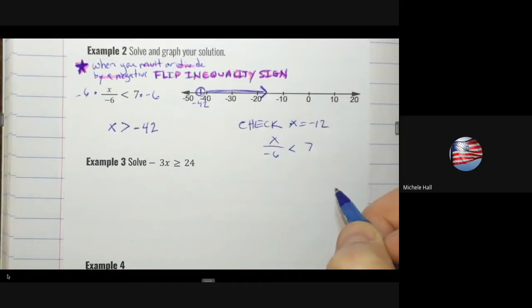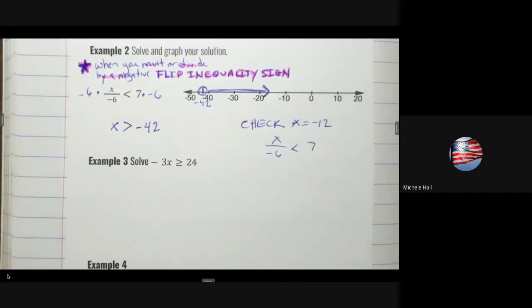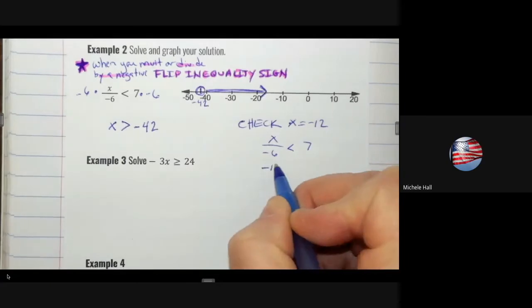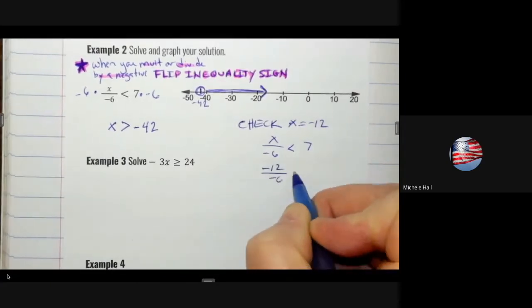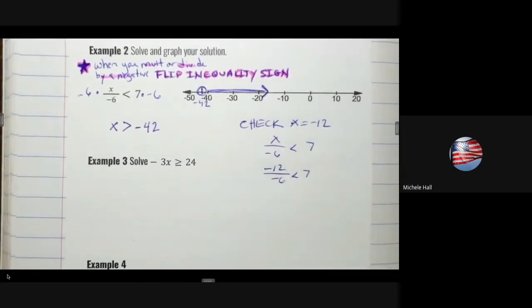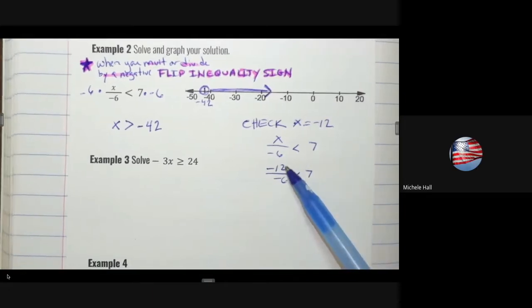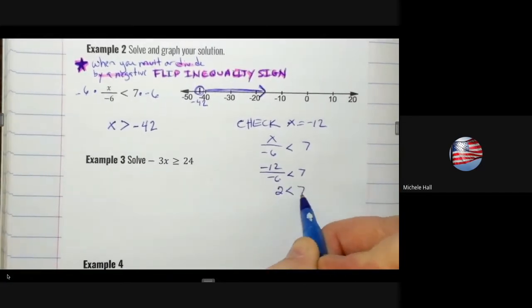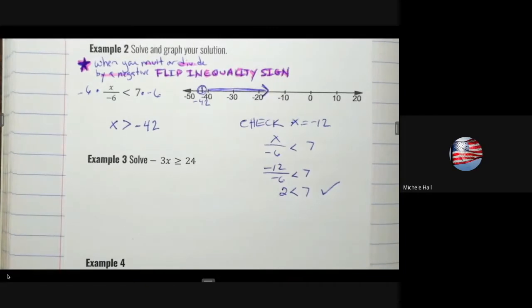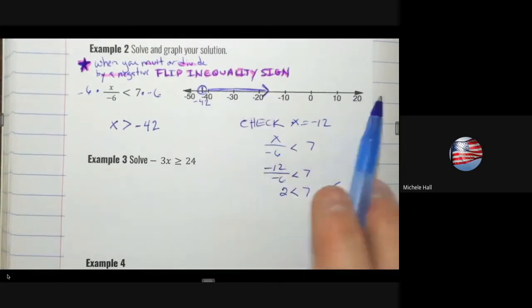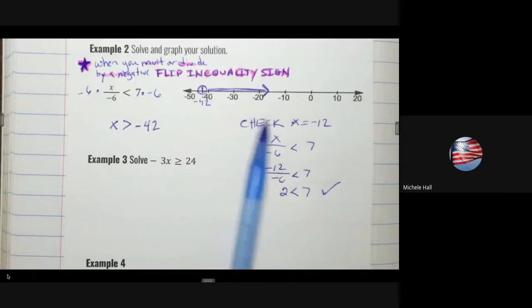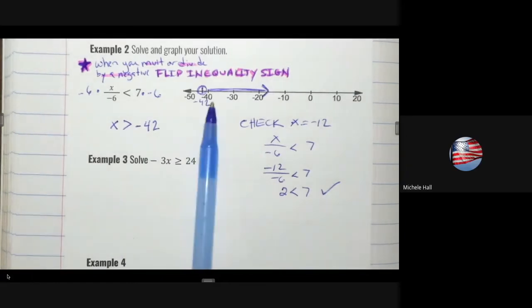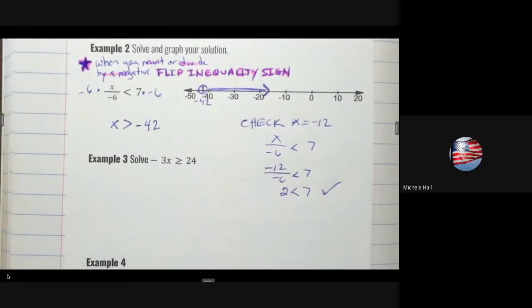If I substitute in -12, is that going to be less than 7? -12 divided by -6 is a +2, and 2 is less than 7. Check. I can pick any number that is greater than -42, and it will work. It is a solution to the inequality.